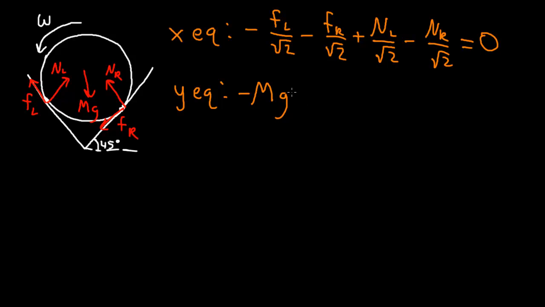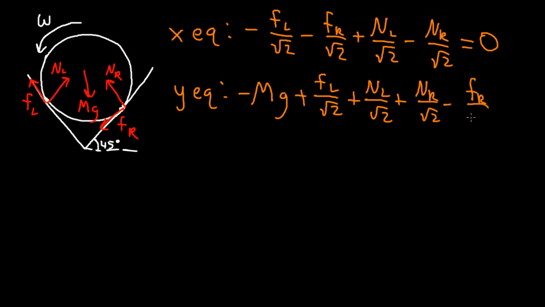So this will look something like plus F sub L over square root of 2 plus N sub L over square root of 2 plus N sub R over square root of 2 minus F sub R over square root of 2. That whole thing gives 0. Very good. So where do we go from here?